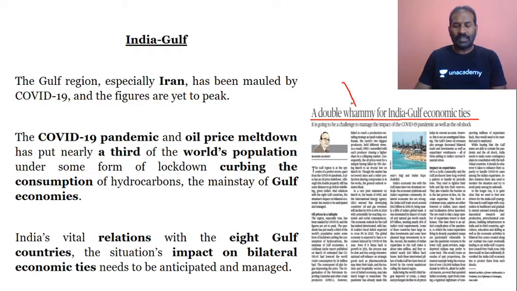This article is about India and the Gulf countries.